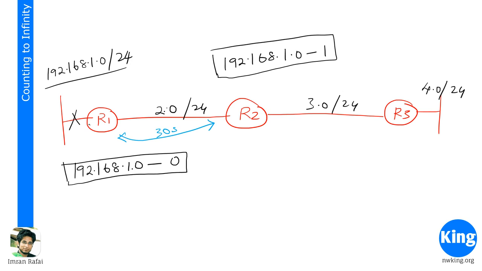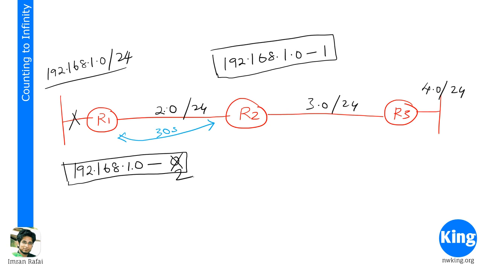Now R1 looks at that update and says, brilliant, I just had access to 192.168.1.0, but I lost access to it. But R2 is telling me that it has access to 192.168.1.0 with a hop count of 1, which means I need to update my routing table with a hop count value of 2, right?